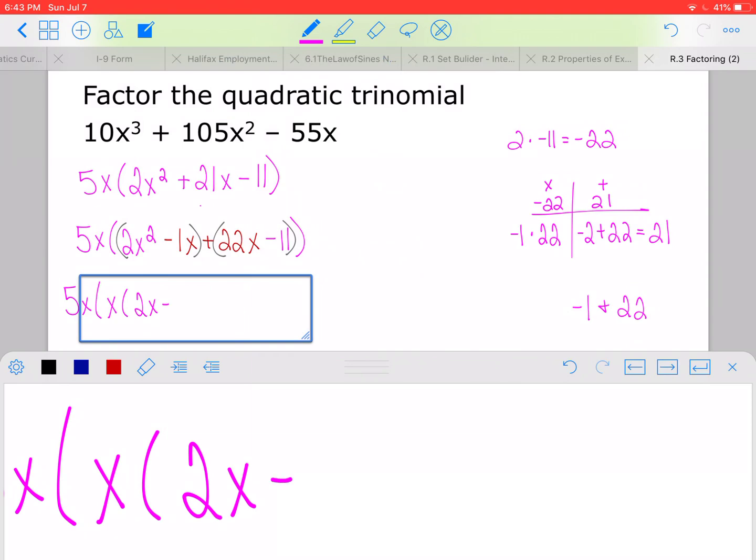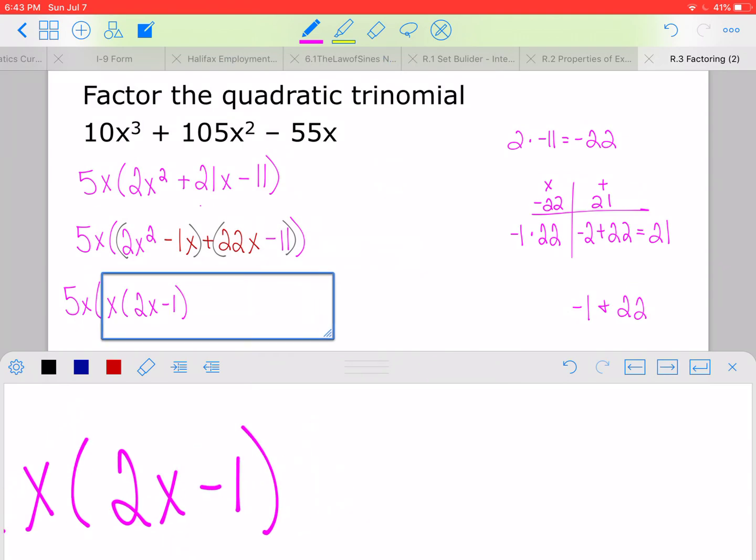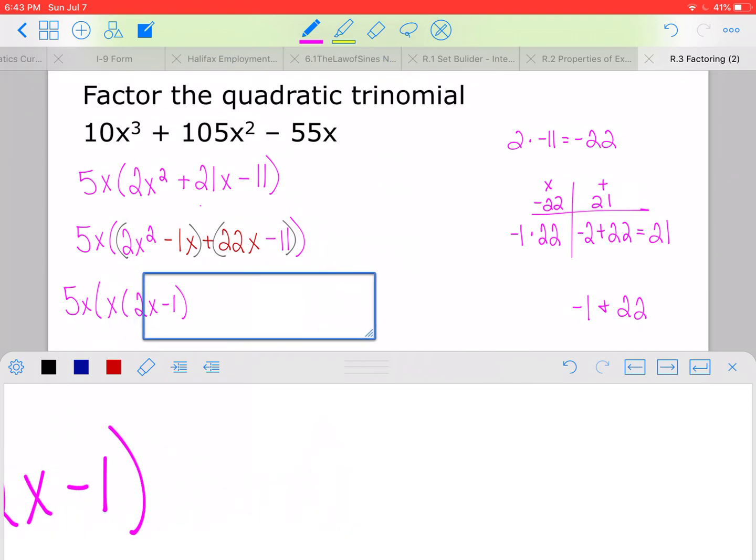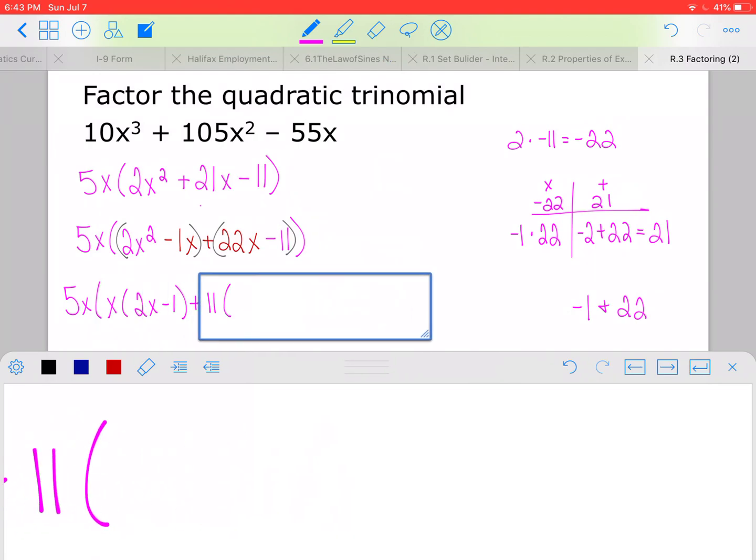In the second pair, it's 22x minus 11, and 11 can come out. Oh, I need to have a plus 11 there. And so that leaves us again with 2x minus 1. And then we've got our other parenthesis there.